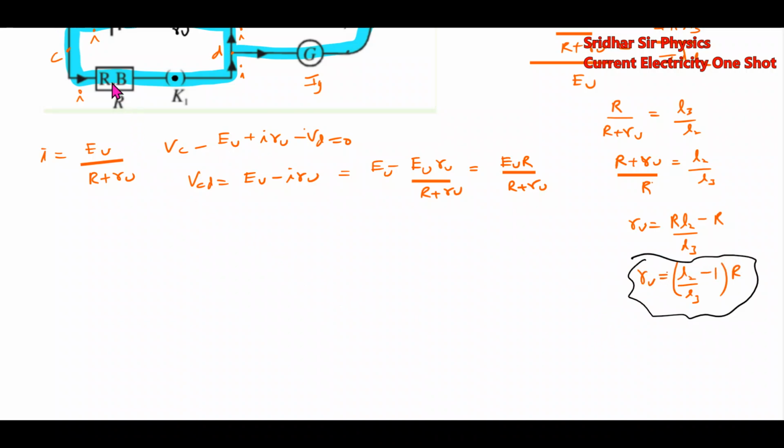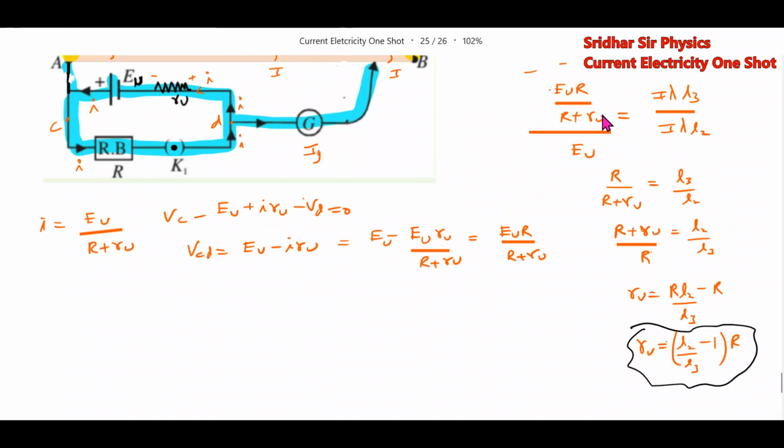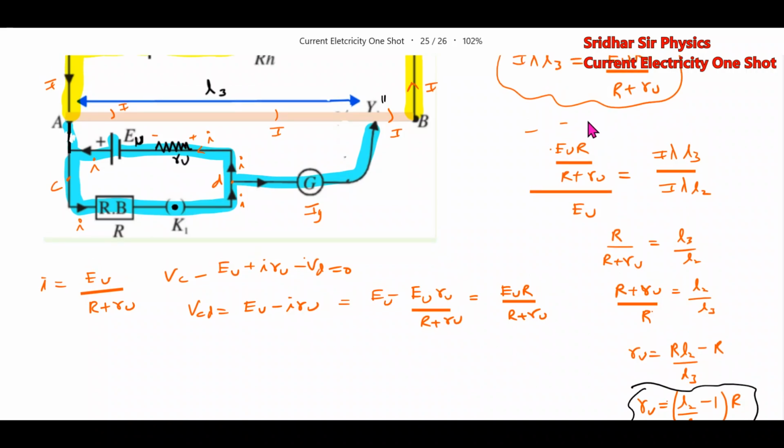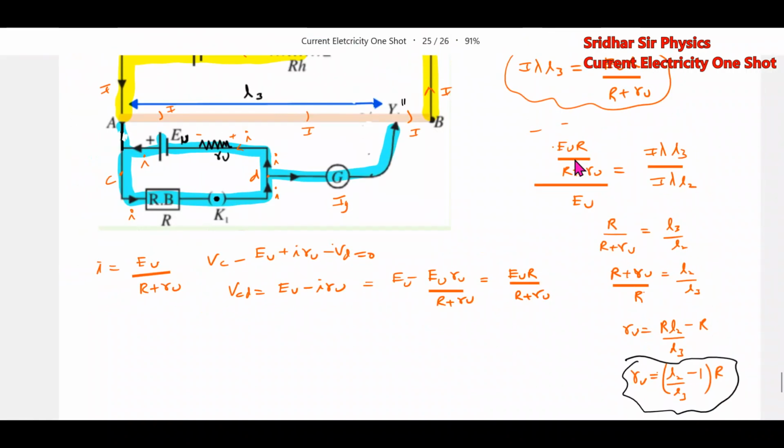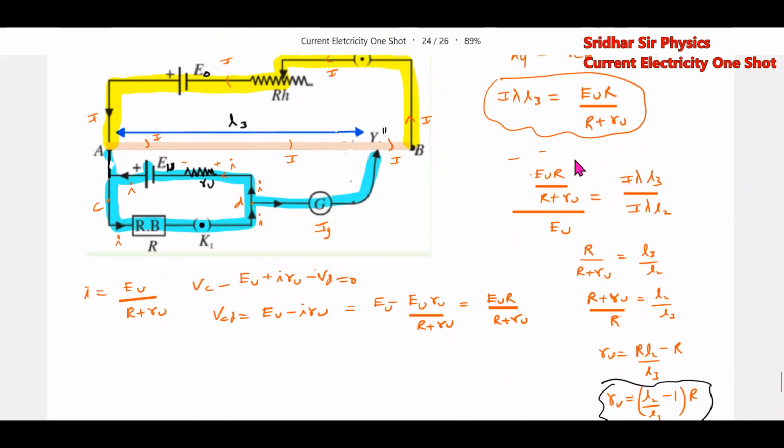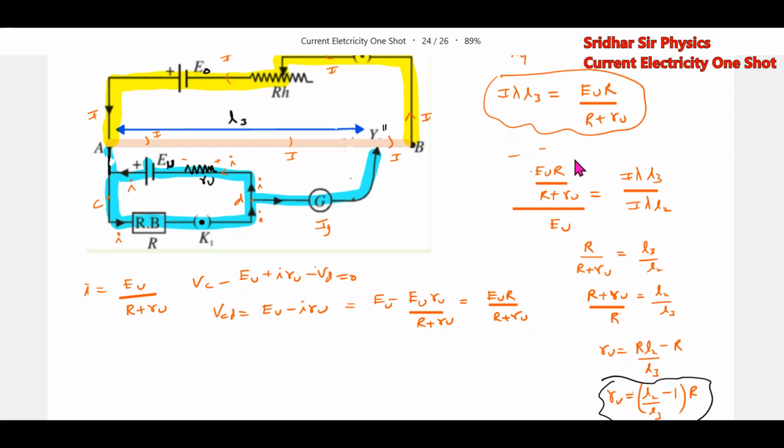What is R? R is the resistance box. You have to remember this, I derived it; you're supposed to remember this one. We know capital R, we know L2 and L3, so we'll get this unknown resistance.